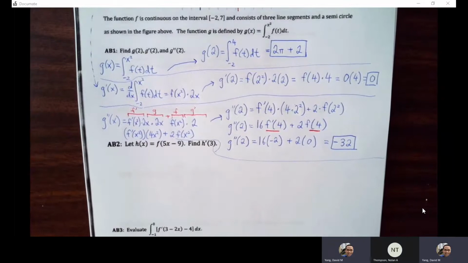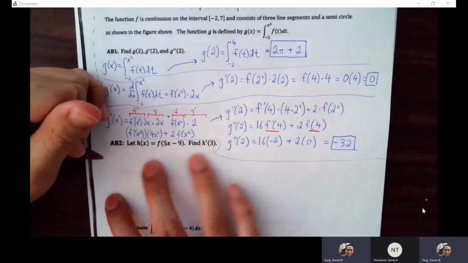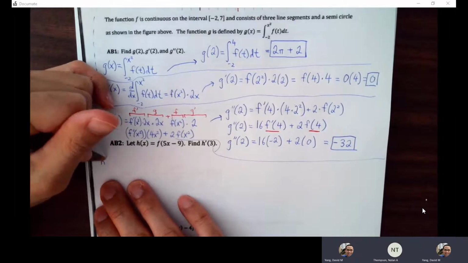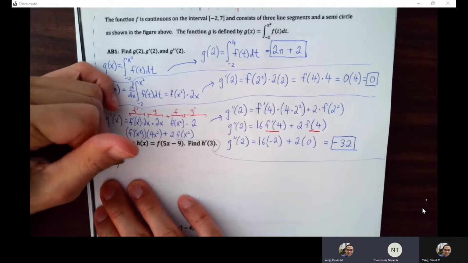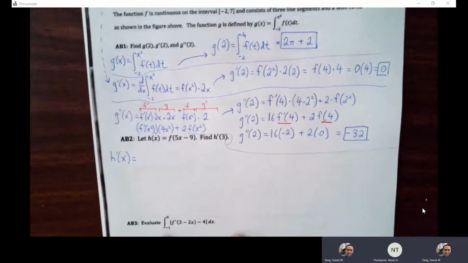h of x equals f of 5x minus 9. Find h prime of 3. So we want to find the derivative at 3. Before we find h prime of 3, let's go ahead and find h prime of x. What's involved here, though?